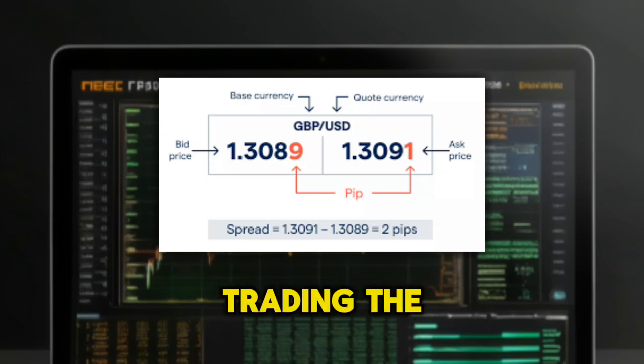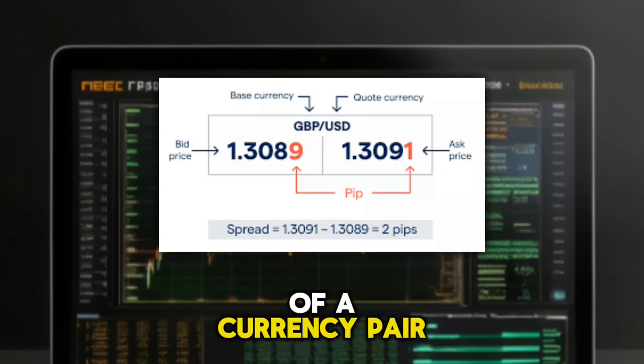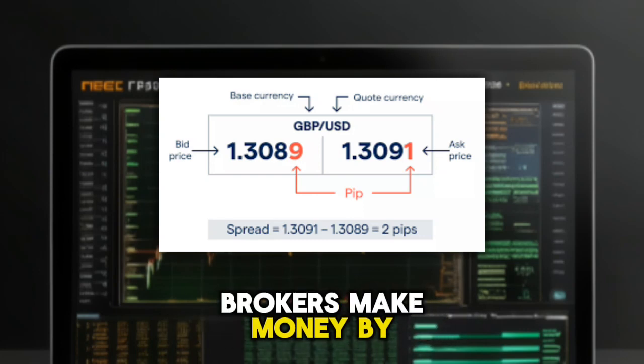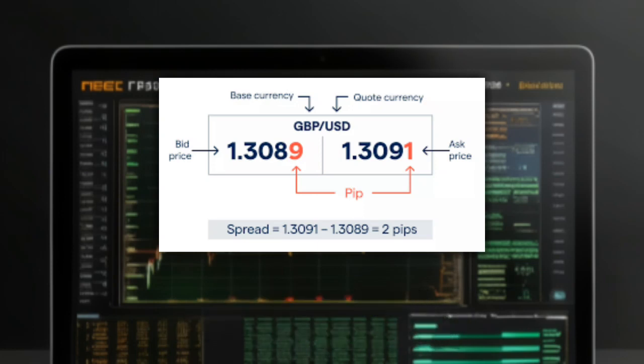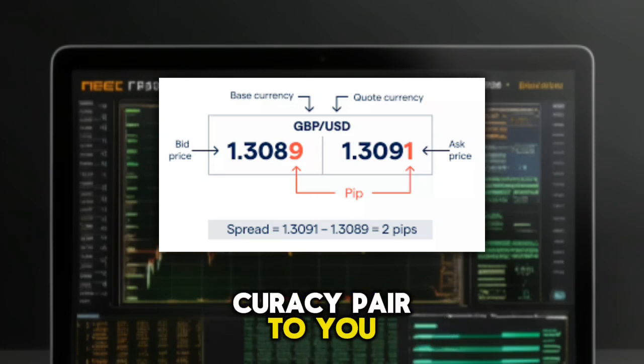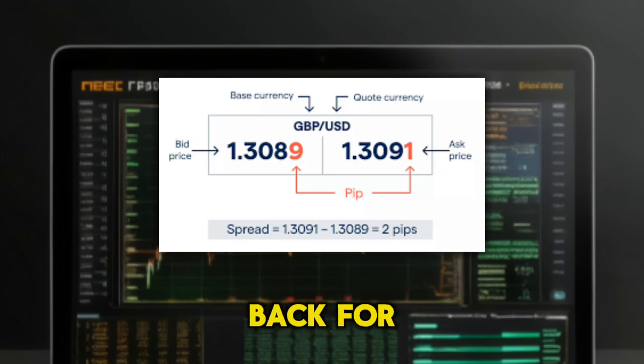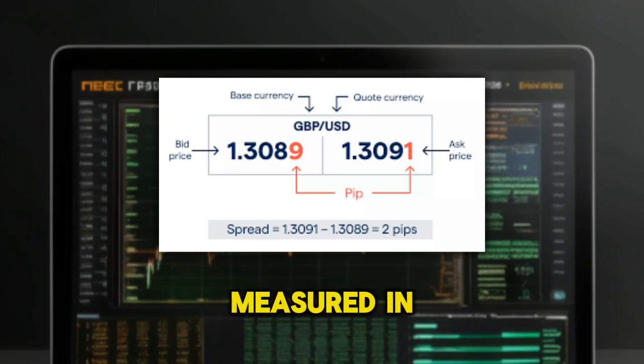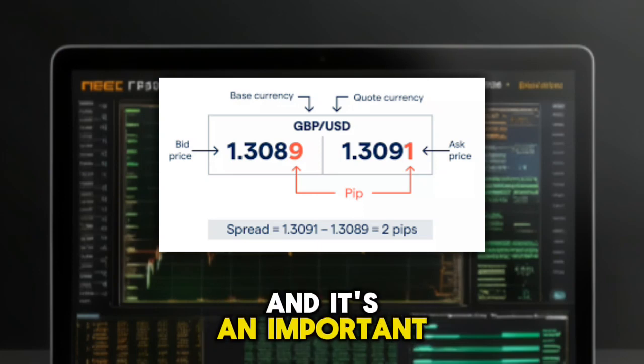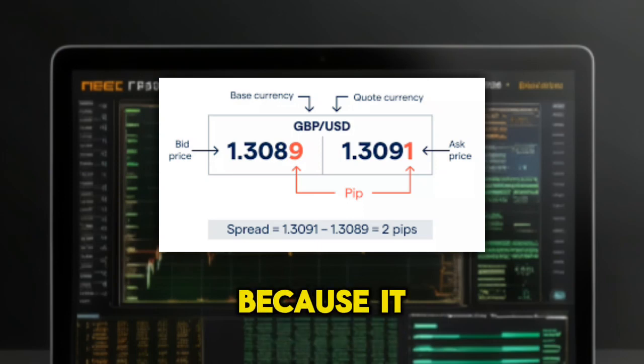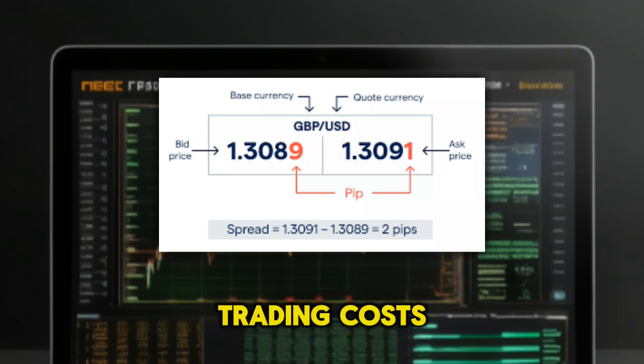In Forex trading, the spread is the difference between the buying price and the selling price of a currency pair. Brokers make money by widening this spread slightly. So they'll sell a currency pair to you for a bit more than they'll buy it back for. The spread is usually measured in pips, and it's an important factor to consider because it affects your trading costs.